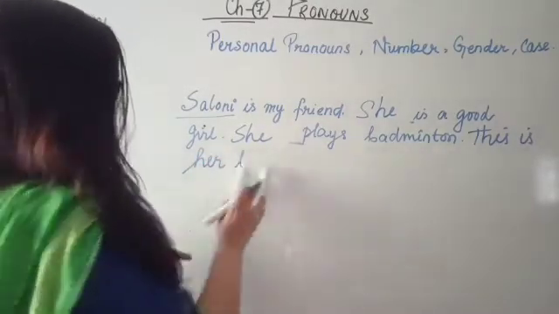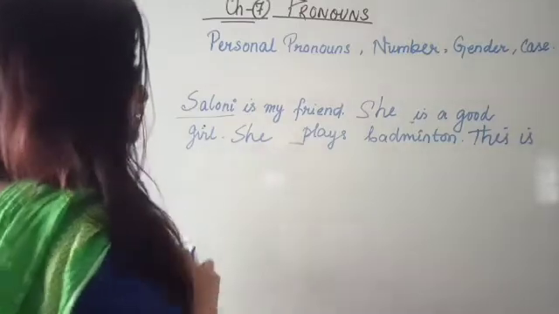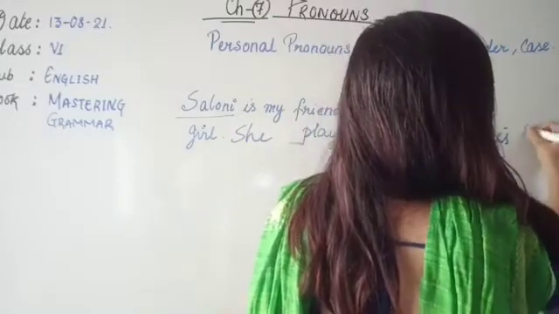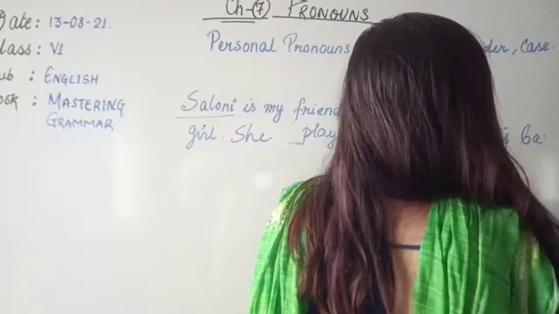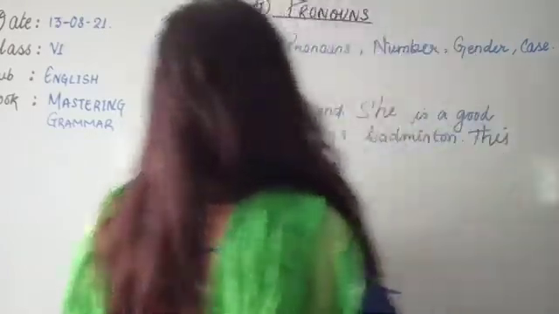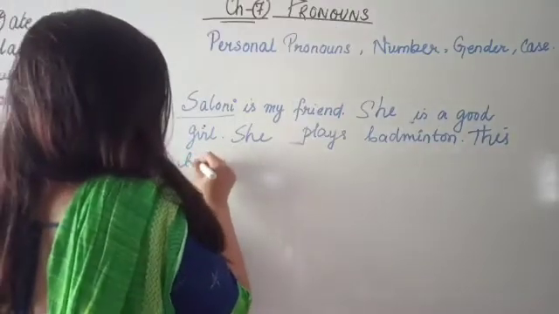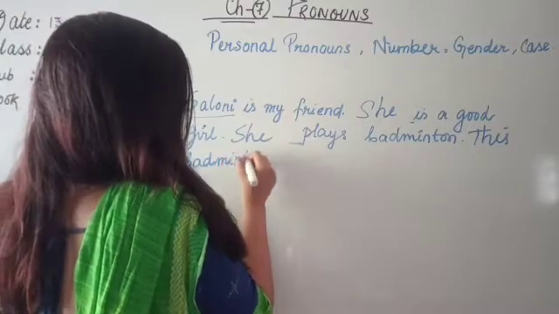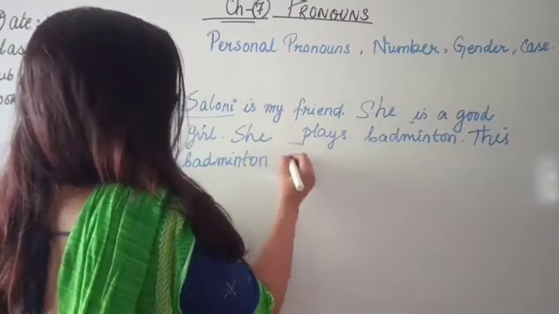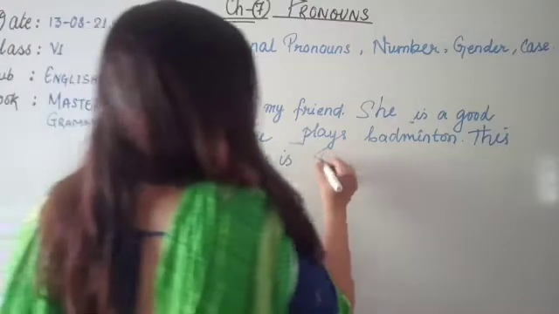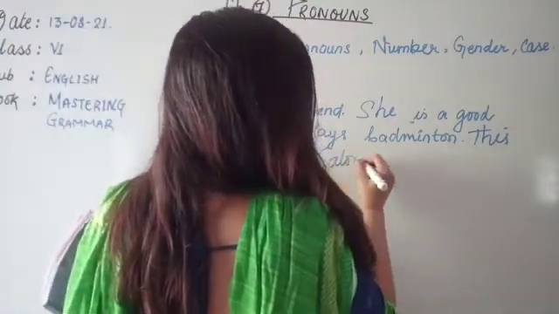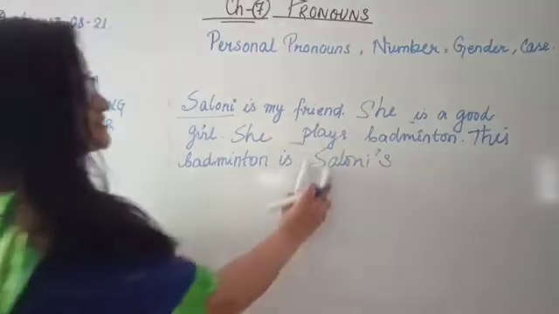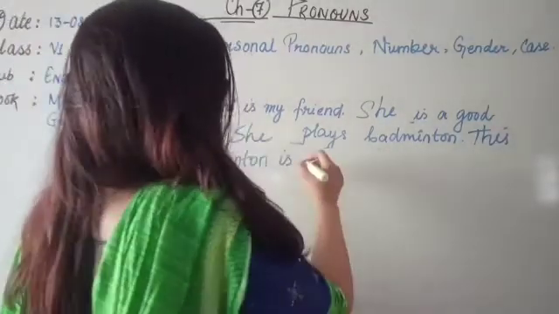This badminton is Saloni's. I don't want to use Saloni. What will I do? I'll use another word like hers.